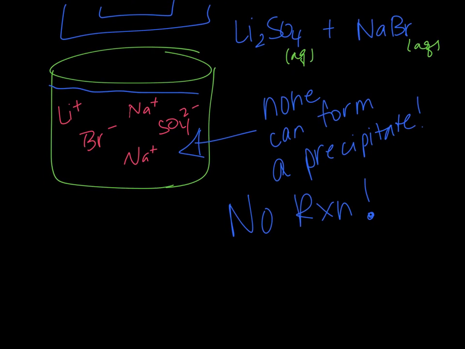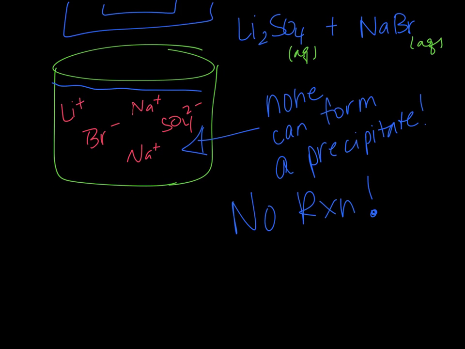All right. If I write this all together, I would have lithium ions, right, because it's aqueous, bromide ions, 2 sodium ions, a sulfate ion, and then on the product side, I have, you can kind of still see it up here on the top of the screen, lithium sulfate and sodium bromide.